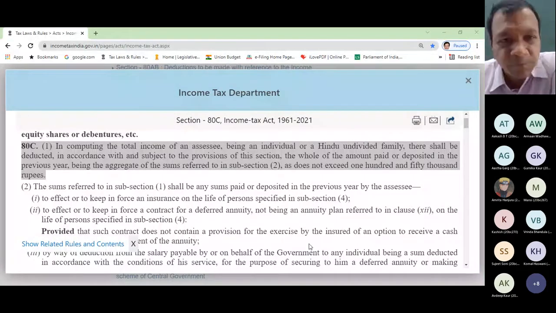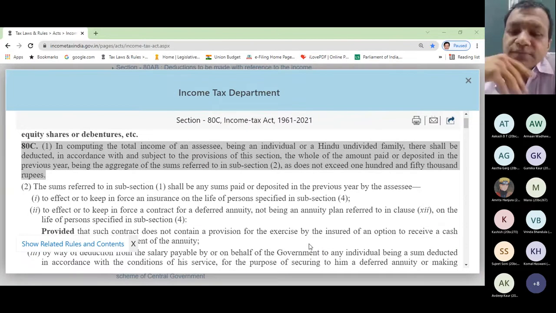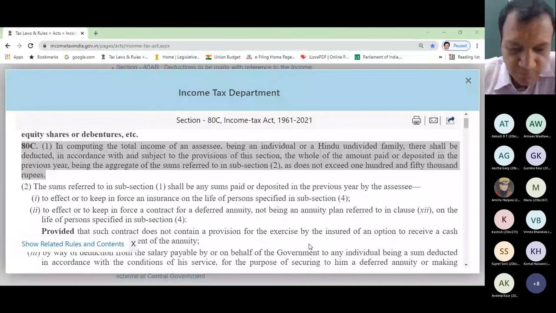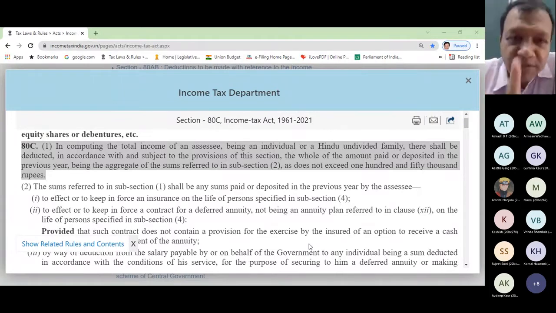I can pay any amount, but the department gives me a deduction of maximum 1,50,000. Is this point clear? Yes, sir. This is one point, that maximum deduction under section 80C will be 1,50,000 per year.